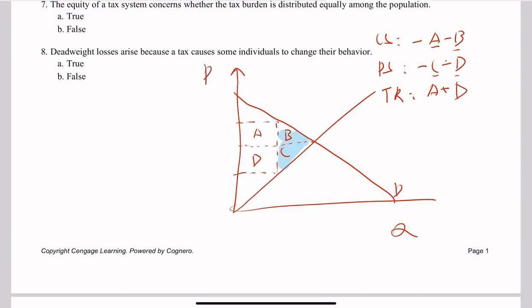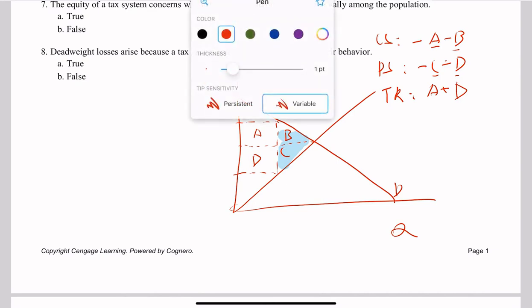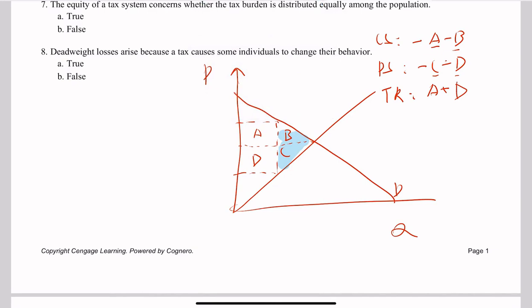The total decrease is A, B, C, D. And you can see that this decrease can be partially offset by tax revenue, right? So A and D can be offset by tax revenue. However, B and C cannot be offset by tax revenue. So that's why B and C become the deadweight loss.